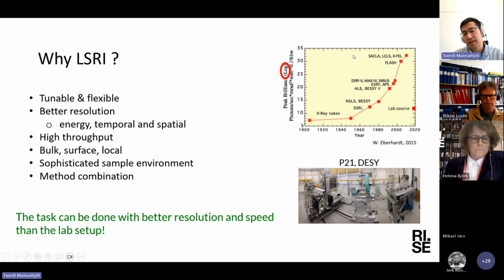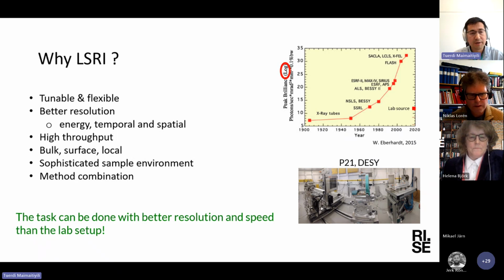In addition, the open design at large-scale facilities like this one, this is basically the detector here and the X-ray coming from this side, and we have the stage in the middle, allows a person to relatively easily develop more sample environments and integrate them at the beamline. So it has higher flexibility. So this is why we need LSRI facilities for testing.